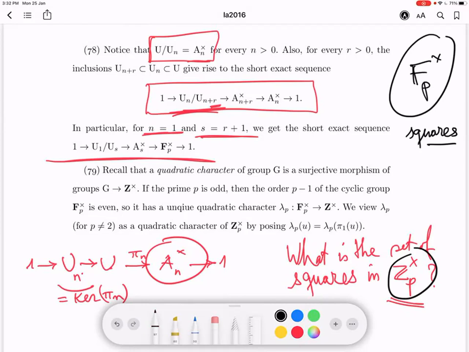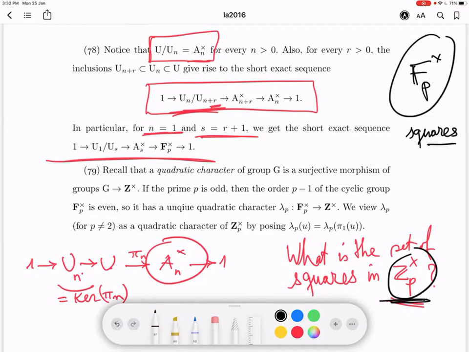And what's the index of this subgroup? It's 2, right? So we want to find out, for example, the index or a criterion for an element in Z_p star to be a square.